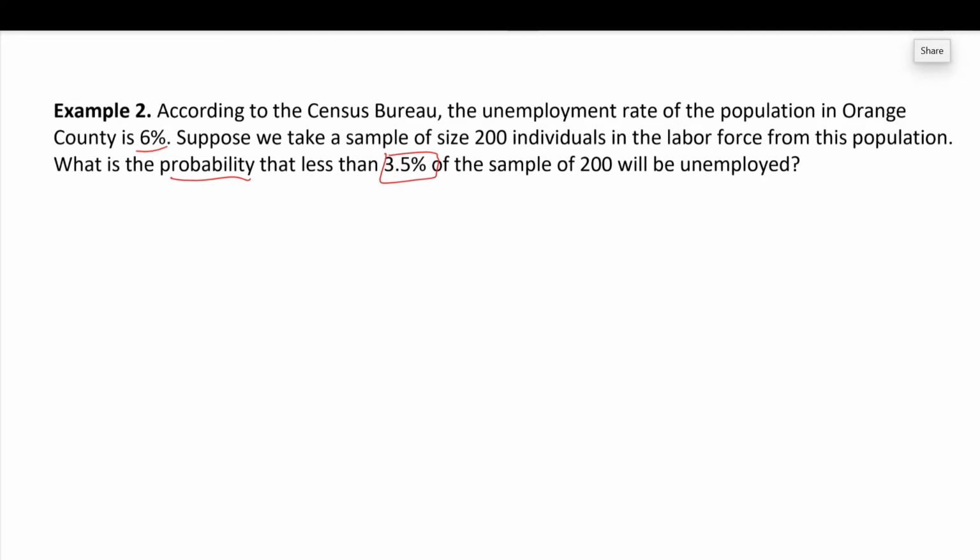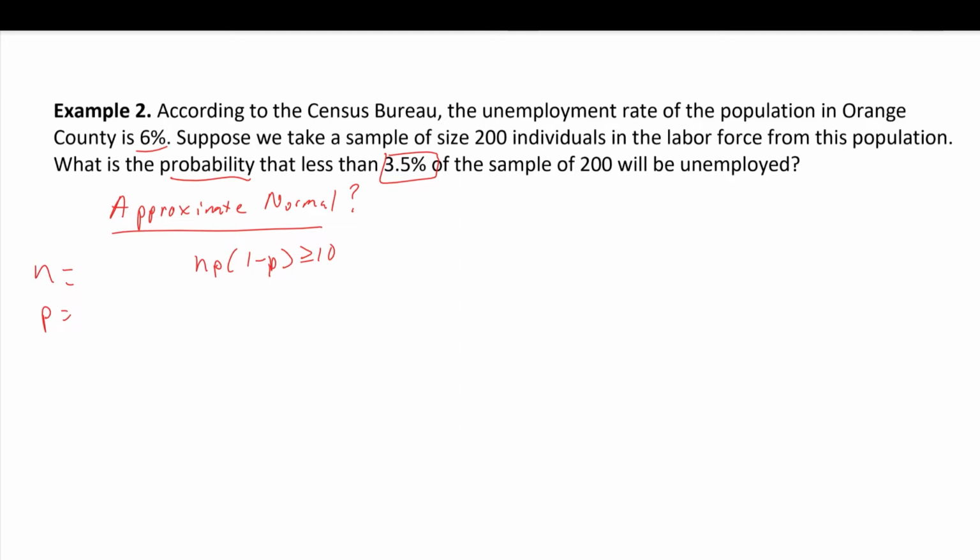So what are the conditions to assume an approximate normal? Well, we need to know whether np times 1 minus p is greater than or equal to 10. In this case, we need to know what your n is and what your proportion is.